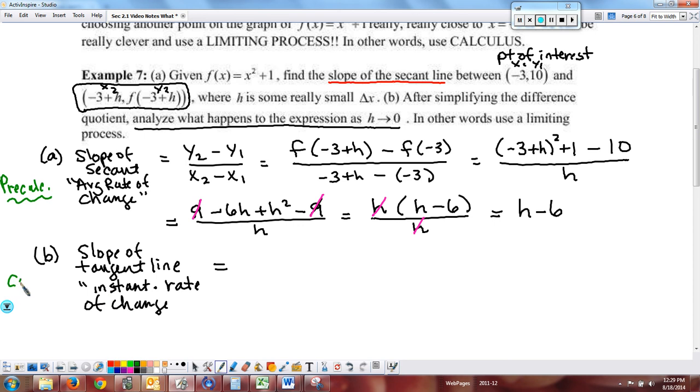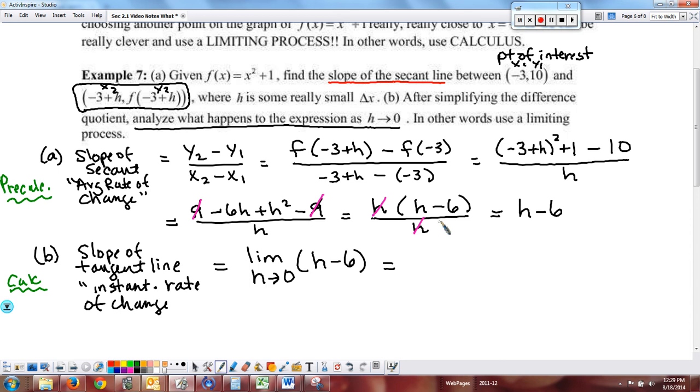Now we're going to add some calculus in. We're going to add a limiting process. So we're going to do the limit as h goes to 0 of this simplified version, h minus 6. And hopefully this is fairly straightforward to see, now that I've removed the division by 0 problem.